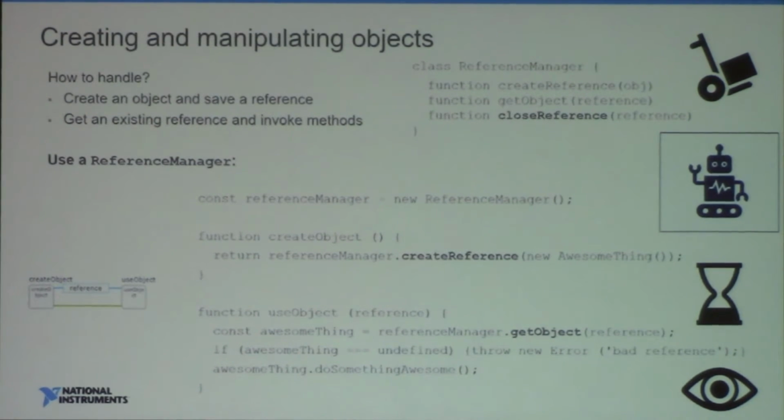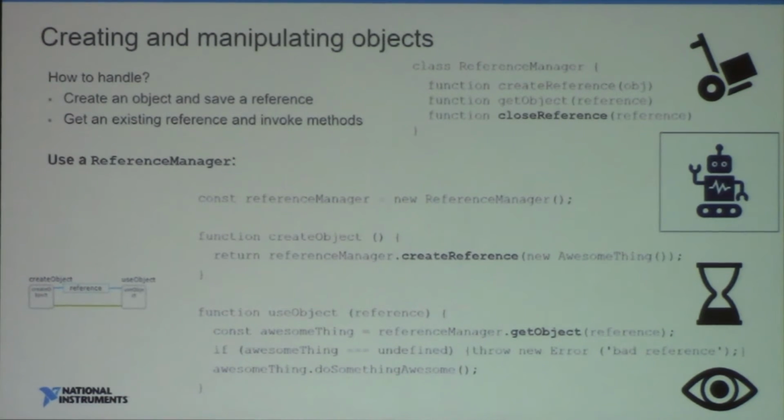For creating and manipulating objects, for example on the left-hand side here, it says create object, it's going to return a reference to an object, and use object is going to take that reference, find that object, and manipulate it. So there's not a great built-in mechanism for this yet, but what you could do right now is bring in a little snippet of code.